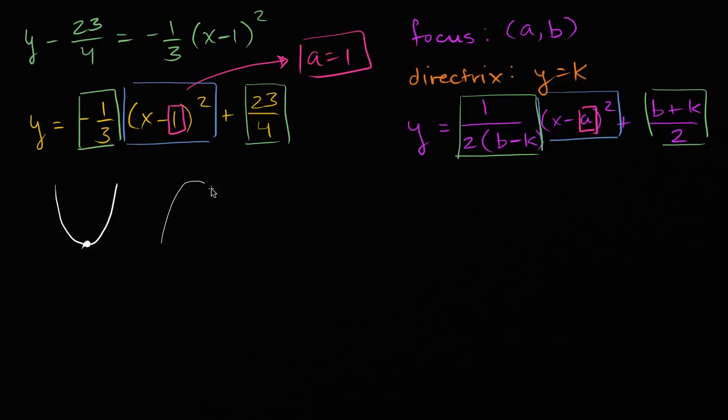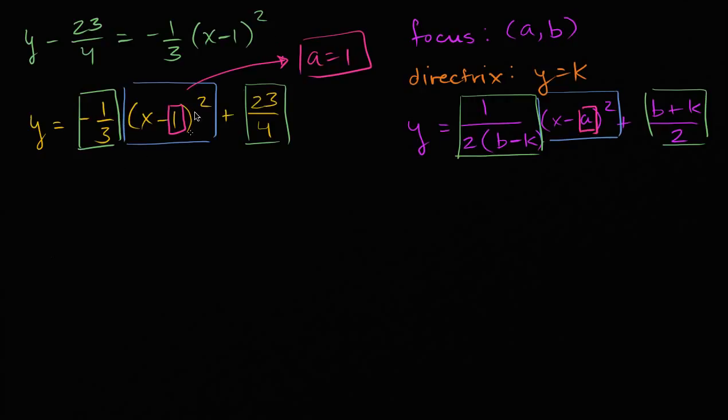If it is downward opening, it's the maximum point. Here you have a negative 1/3 in front of the (x minus 1) squared, so this quantity is either 0 or negative. It's either going to add nothing or take away from 23 over 4. So this thing hits a maximum point when this is 0, and it just goes down from there.